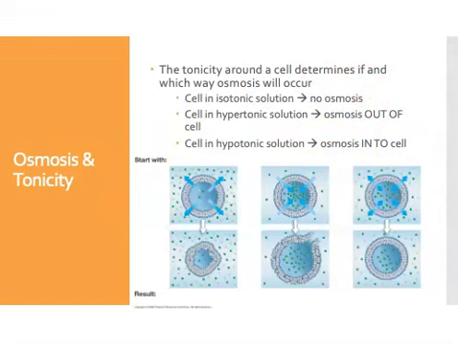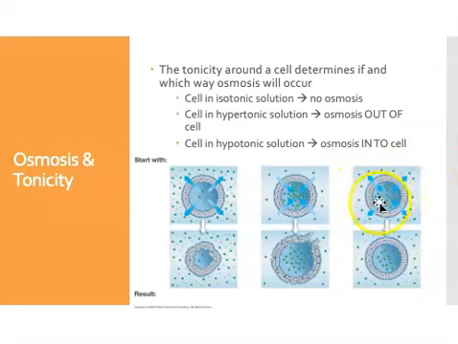Now look at the diagrams. The right side diagram again, this represents a cell sitting in an isotonic solution. Water is still moving here. Water moves constantly into and out of cells. But in an isotonic solution, the concentration of these green particles is the same inside and outside.